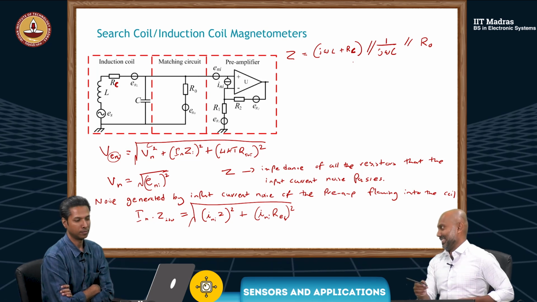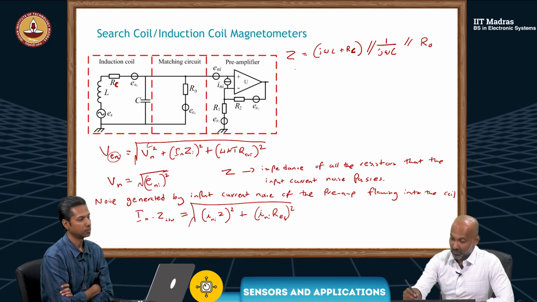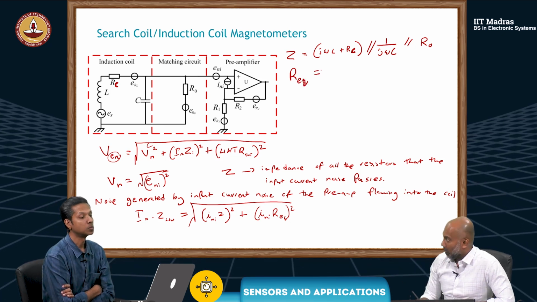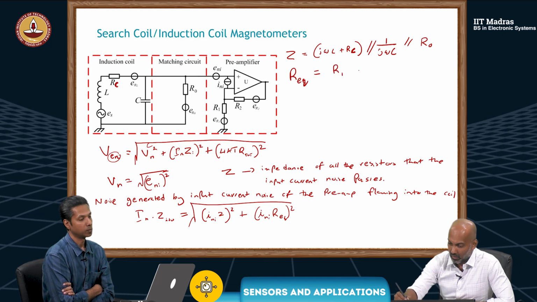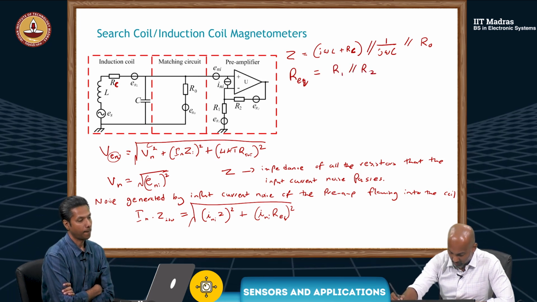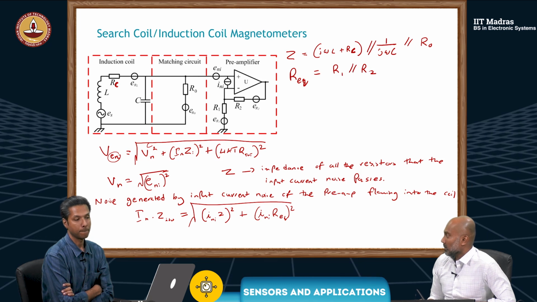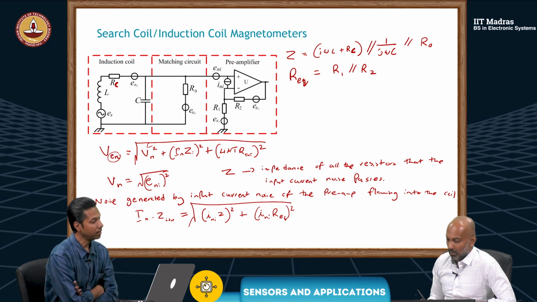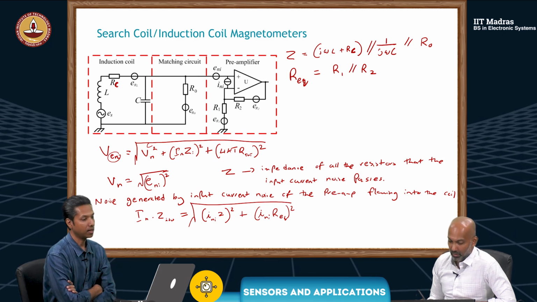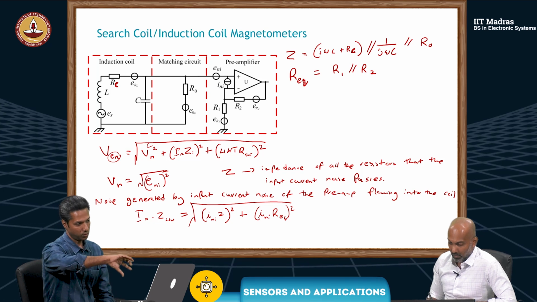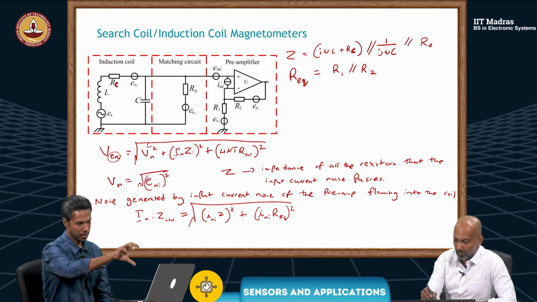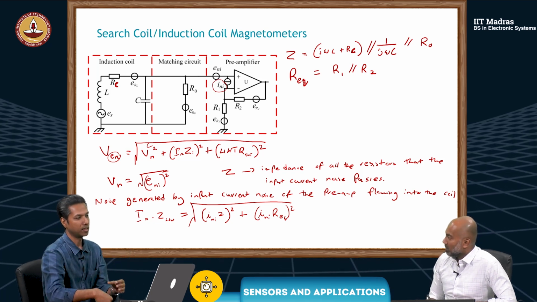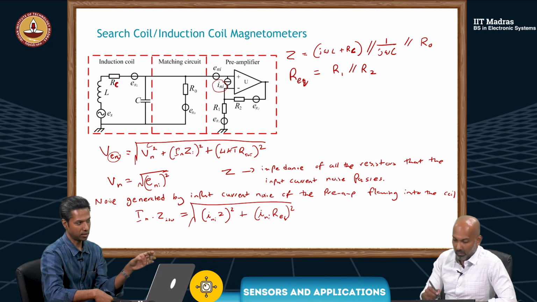Now, you also asked me what this is. In this case, this is R1 parallel to R2. So this current I_ni is actually flowing through that Z, which is the equivalent resistance or impedance of those three elements.